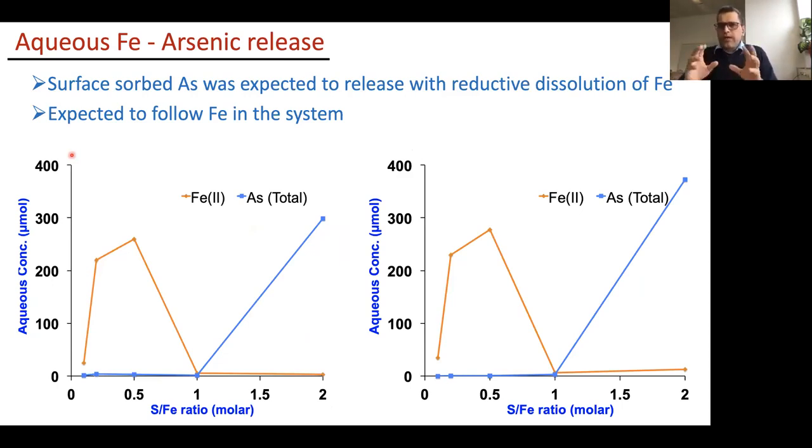So we thought we would see iron 2 and arsenic at the same time, but that's not the case. The orange line here is iron 2. Iron 2 peaks at the 0.5 ratio and goes down around 1, and that's when arsenic starts to come up, after iron 2 has already precipitated. That was a bit interesting because we expected the other way. But anyway, that's the result right now.